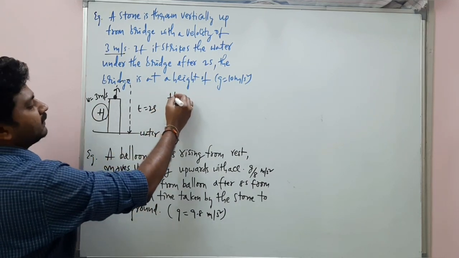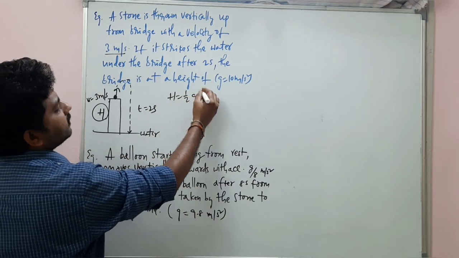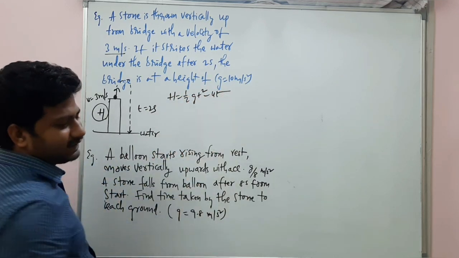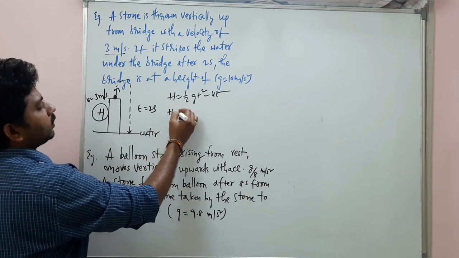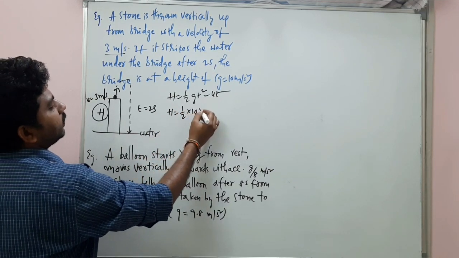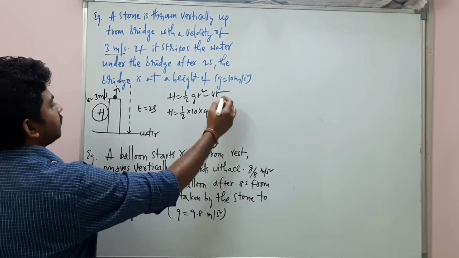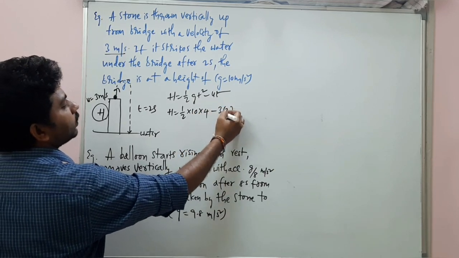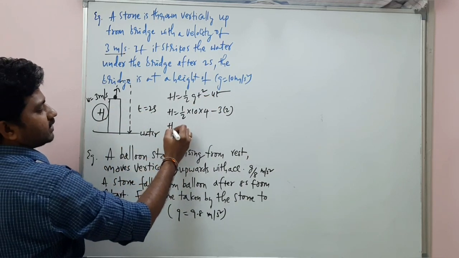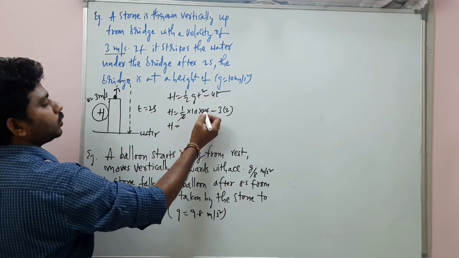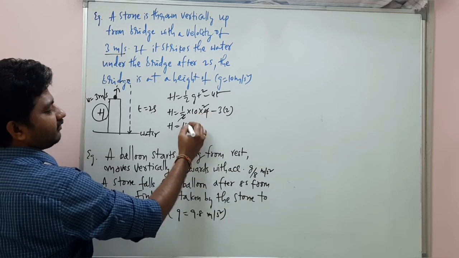H is equal to half g t square minus u t. That's it, a direct formula, and we derived this. H is equal to half into 10 into t square, which is 4, minus u, which is 3, into 2. So h is equal to 20 minus 6, which is 14 meters.